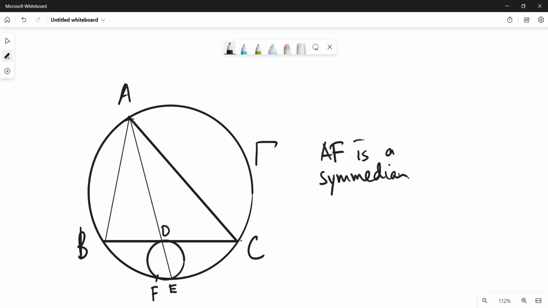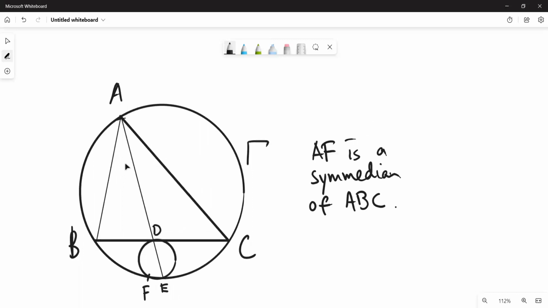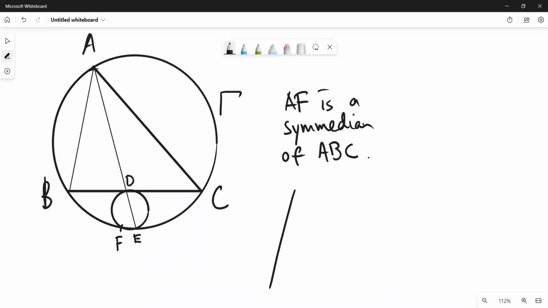Is a symmedian, sorry. There are three symmedians in a triangle. So a symmedian, if anyone's not aware, is the reflection of the median over the angle bisector. The median is the line connecting a vertex with its opposite midpoint.